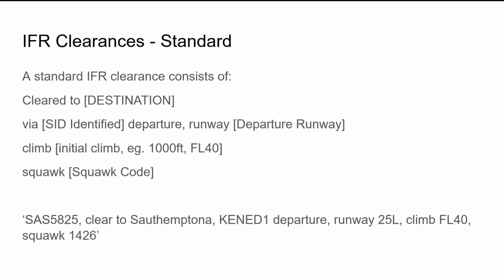Of course, it can look different. You can give a different initial climb or a different departure runway. It is the SID identifier, and we specify that it is that departure. So via Canet 1 departure, sometimes you can drop the word via, just to save yourself some time.